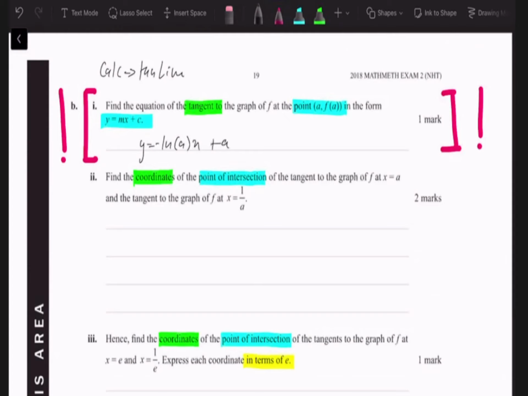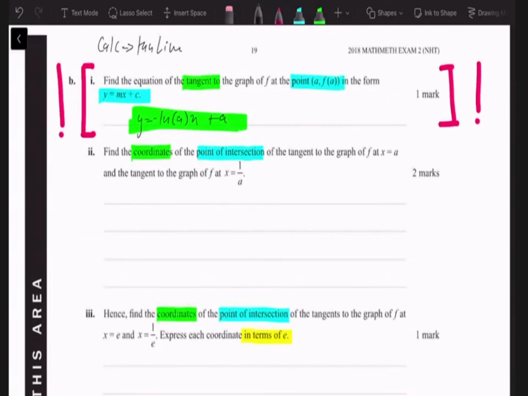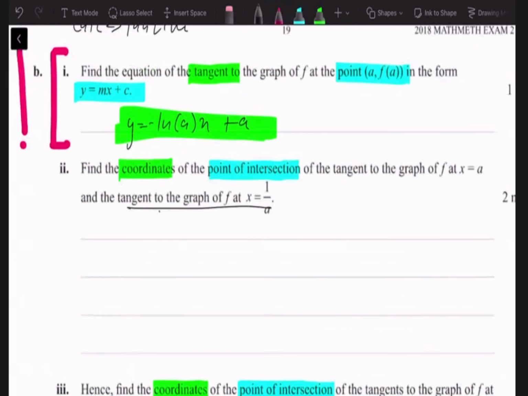The significance is that now you can put in any point and you have a tangent. This is a generalized solution for all the tangents of the function f x. That's important here because now you can figure out what the tangent at 1 on a is, because you can just put 1 on a into a.